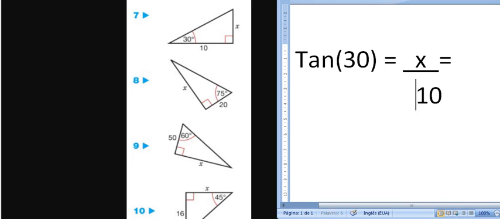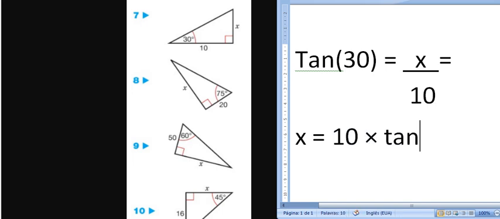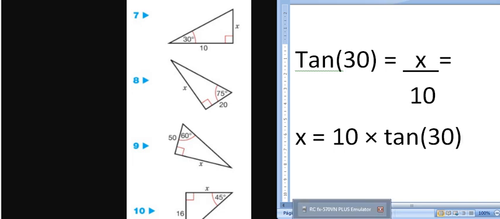Okay, X divided by 10. So as you can see, 10 is dividing in this fraction, so it must pass to the other side multiplying. So X is going to be actually 10 times the tangent of 30. Okay, so this is easy when you have a calculator, because you know that tangent of 30 is actually a number.